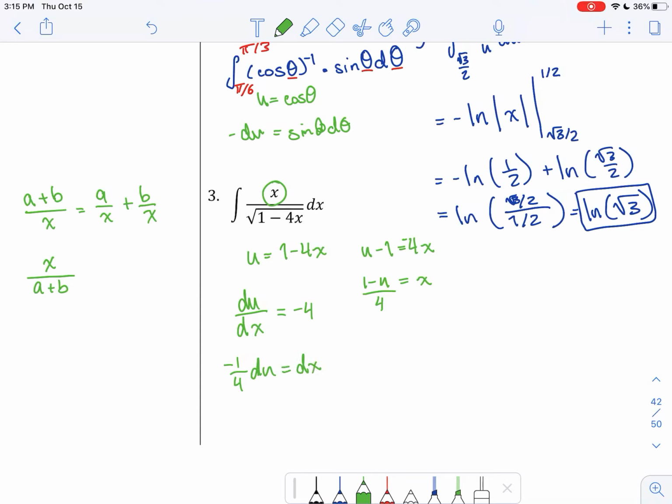So with our three different substitutions that we have here, we have a u, we have an x, and we have a dx. Our new integral is going to be 1 minus u over 4 all over root u times -1/4 du. And probably a lot of you are saying, Ms. Ross, this is not easier.